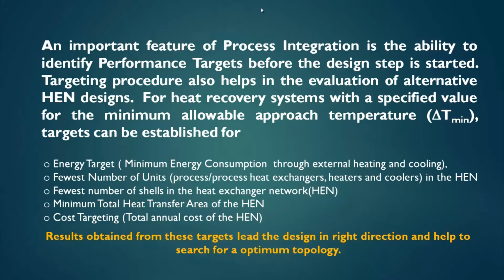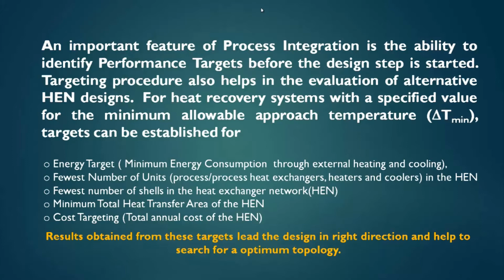Now, if we see the targeting procedures, there can be many targets which can be set before the design for a specified value of delta T minimum. Such targets are energy targets.